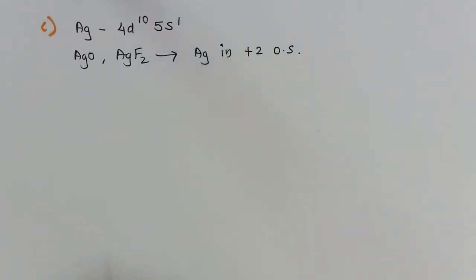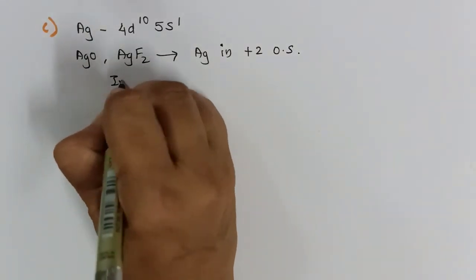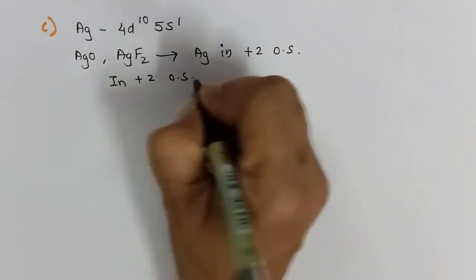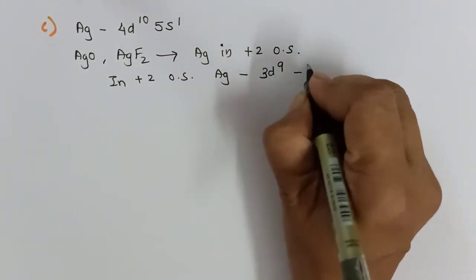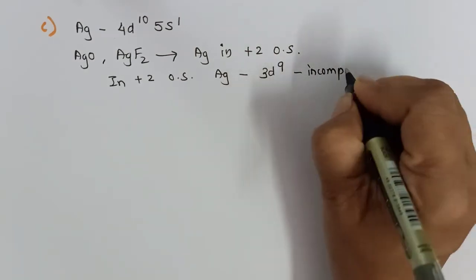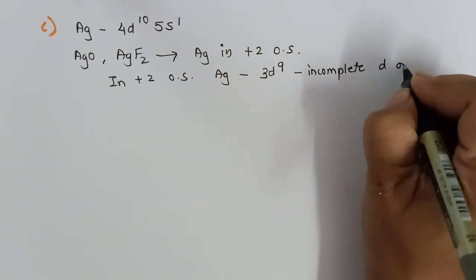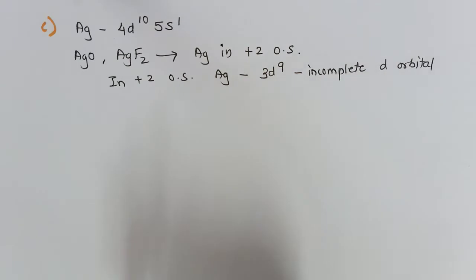In +2 oxidation state, the electronic configuration of silver is 4d9, that is incompletely filled d orbital, and since it satisfies the condition that the d orbital should be incompletely filled, silver is considered as a transition element.